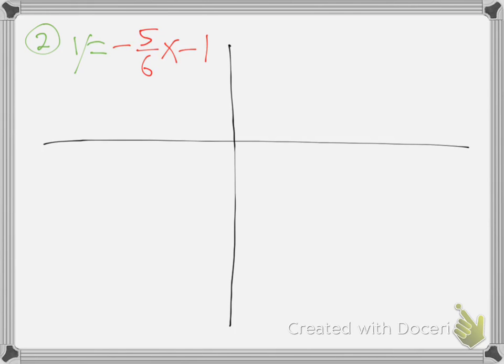So where do we start? Where's our first dot? Minus 1. So right there, at minus 1. And then where do we go from there? Down. Yeah, this is rise over run. Remember, it's usually easiest to put those negatives on the top. So I'll just take this negative sign and put it firmly on the top. So I'm going to rise negative 5. That means go down 5.